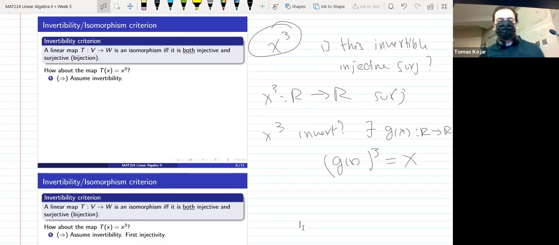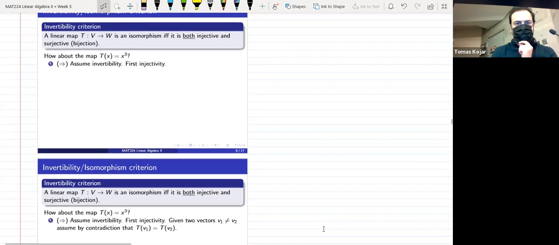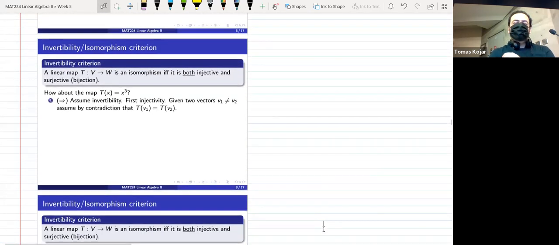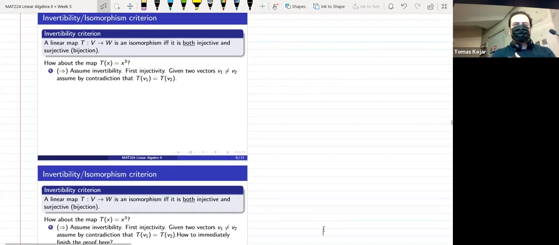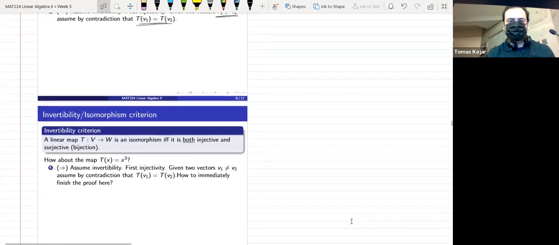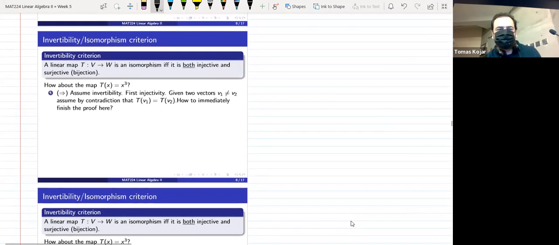So we have to show this. Assume your map is invertible, and get injective and surjective. First we get injective. You give me two vectors, v1 and v2, and we assume that T v1 equals T v2.